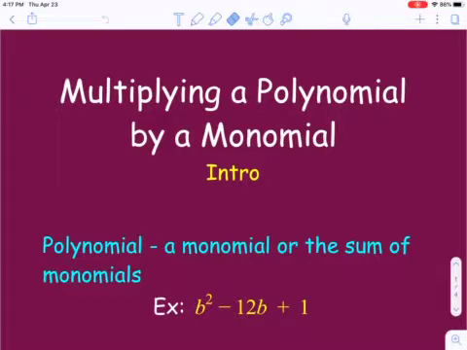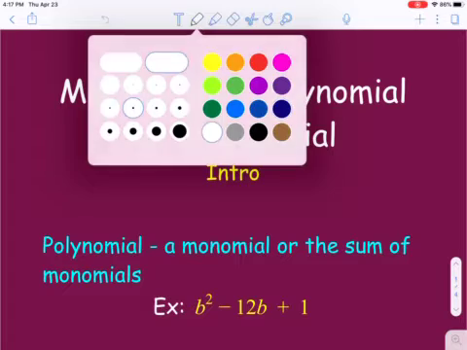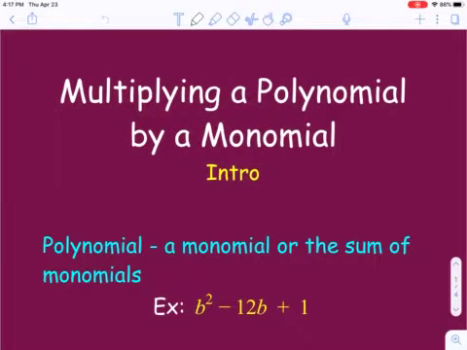So this is for dealing with polynomials, which if you look at our definition down here, is defined as a monomial or the sum of monomials. And remember, a monomial can be anything like x or 2x or 3yz cubed or whatever.